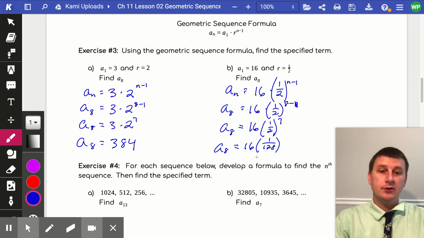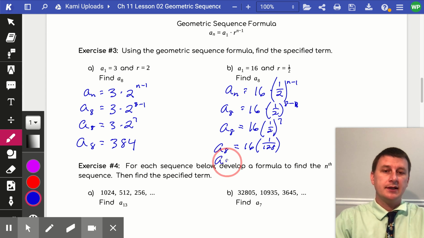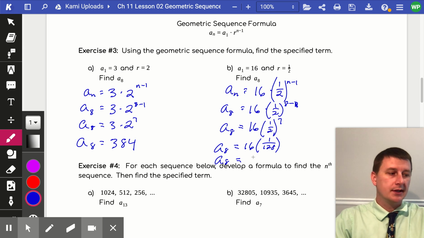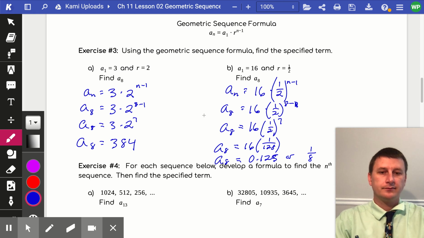And that's okay too, because you're going to take that decimal and multiply it by 16. And regardless of which way you do it, I'm going to do it with a fraction, you're going to get the same answer, which is 0.125, or as a fraction, that is 1 over 8. So your 8th term of that sequence would be 1/8.